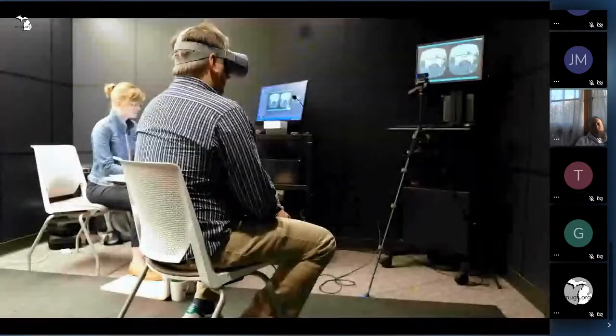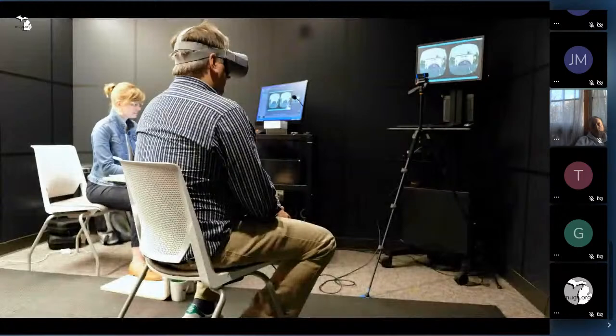So this is a picture here of the lab setup that we have, and this is obviously something that you have to be in person to do when you're talking about a VR headset, with potentially some prototype hardware. Whereas many people may not have VR headsets at this point, or have the right software on them to use it.